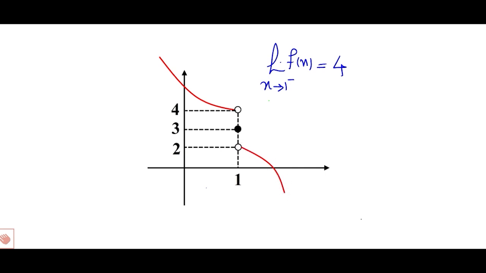Okay, so the limit of f of x as x approaches 1 from the right is equal 2. Even if we look at the point x is 1 itself, we see that the value of the function is 3. So we have f of 1 is 3. Since these two limits are not equal, the limit at x is 1 does not exist.